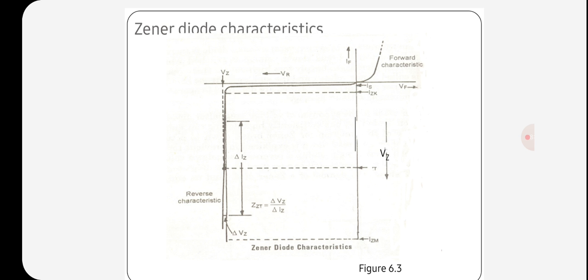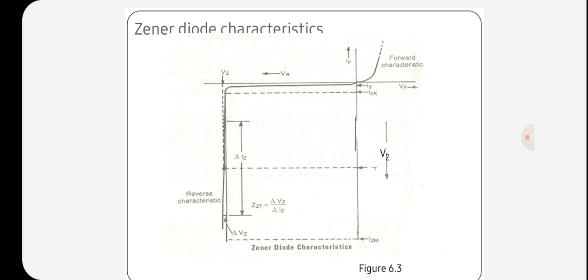So, the VI characteristics of Zener diode: when forward biased voltage is applied to the Zener diode, it works like a normal diode. However, when reverse biased voltage is applied to the Zener diode, it works in a different manner. When reverse biased voltage is applied to a Zener diode, it allows only a small amount of leakage current until the voltage is less than Zener voltage.